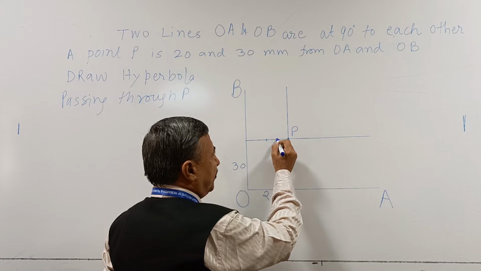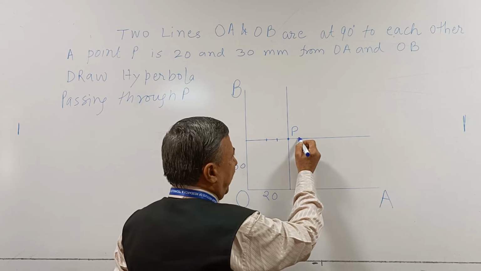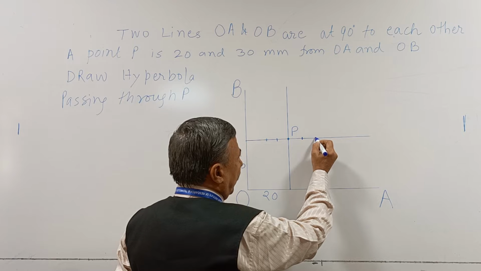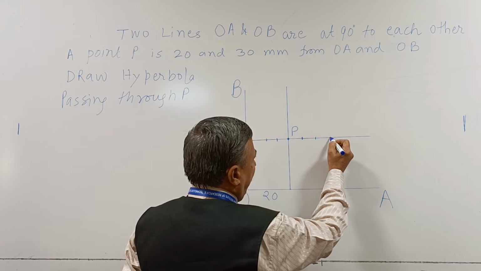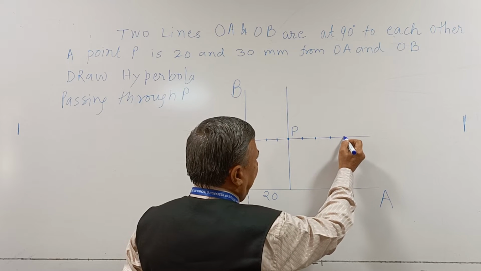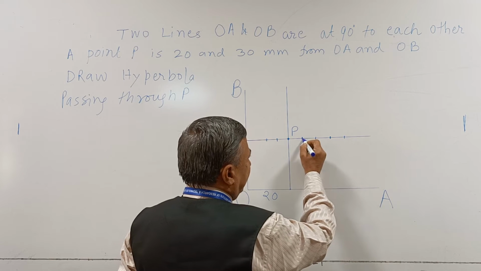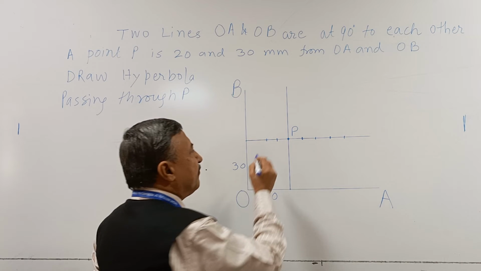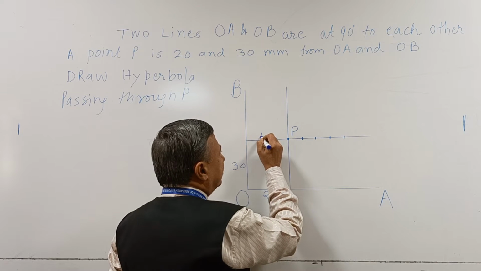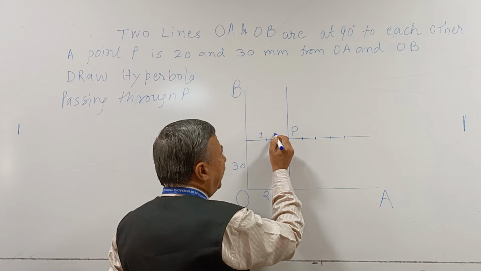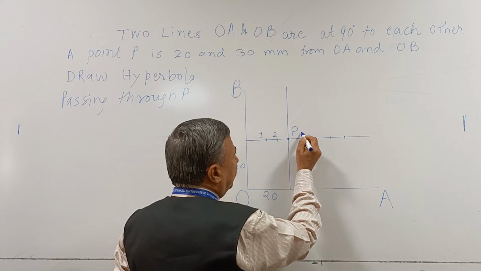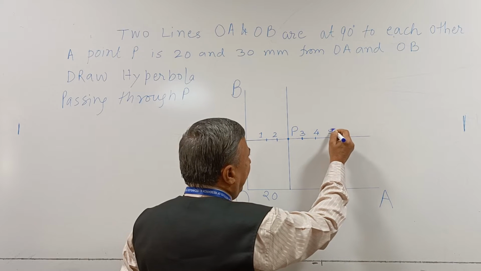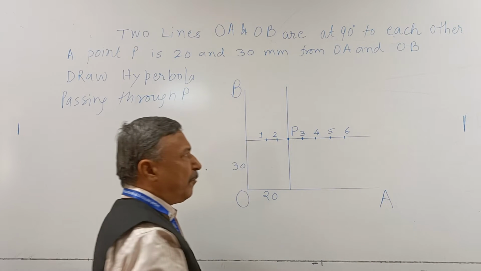This is point 2, this is point 3, point 4, point 5, and suppose 6. Like this, you have to take some points.